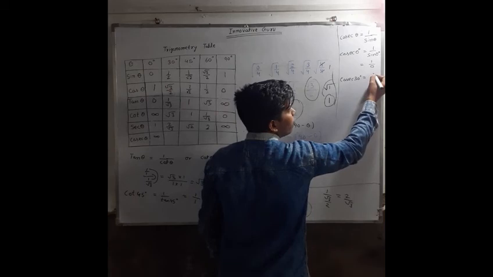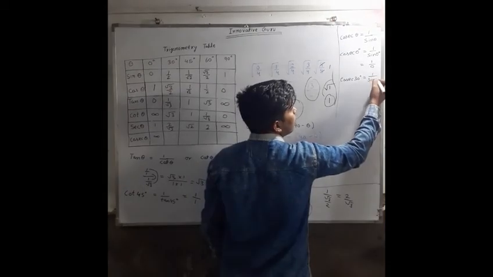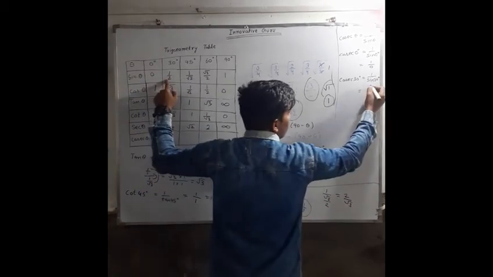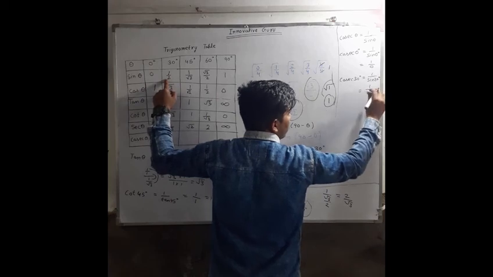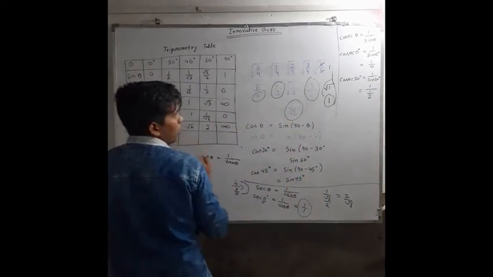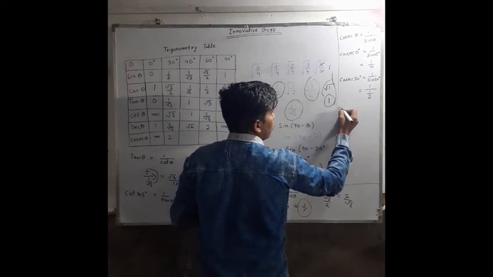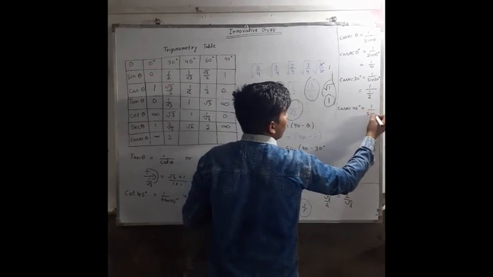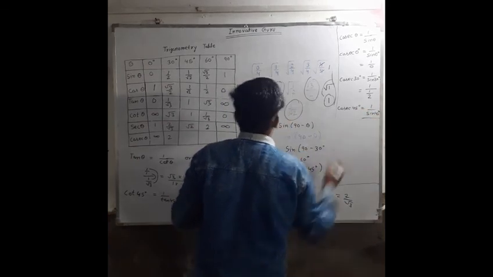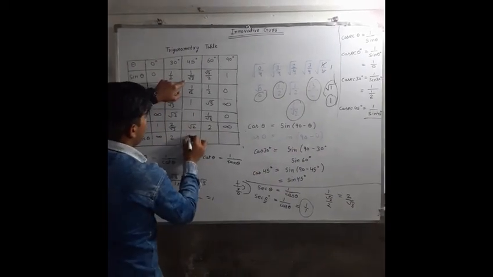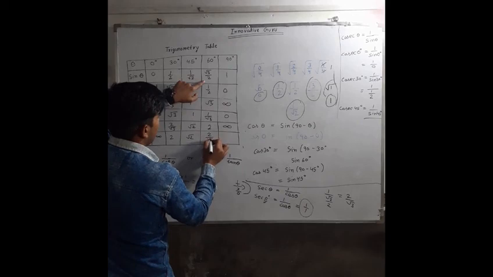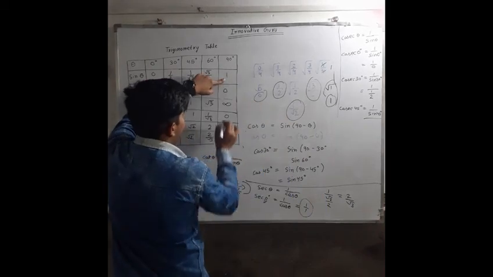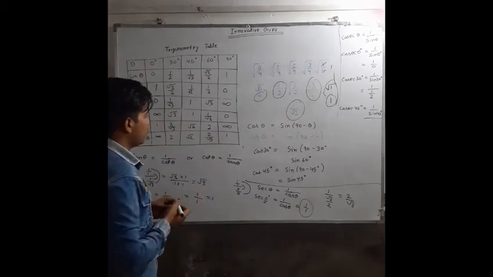So what would be the value of cosec 30? 1 upon sine 30. And what is the value of sine 30? It's 1 by 2. So divide 1 upon 1 by 2, it will come to the upper side, the value would be 2. Now cosec 45 degree, 1 upon sine 45, and once you solve this equation, the answer would be root 2, and it would be 2 root 3, and the next one, you will divide by 1, so the answer would be like this.